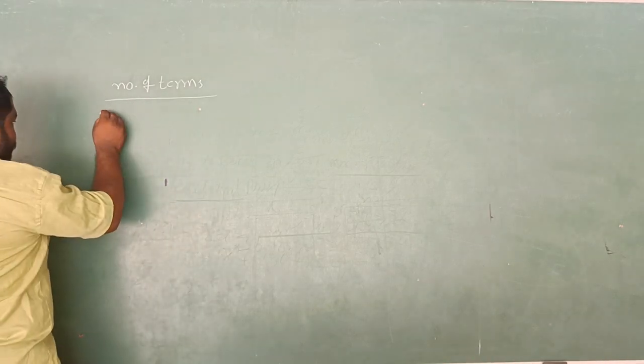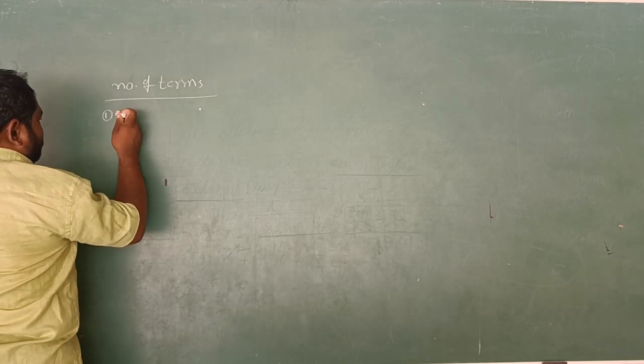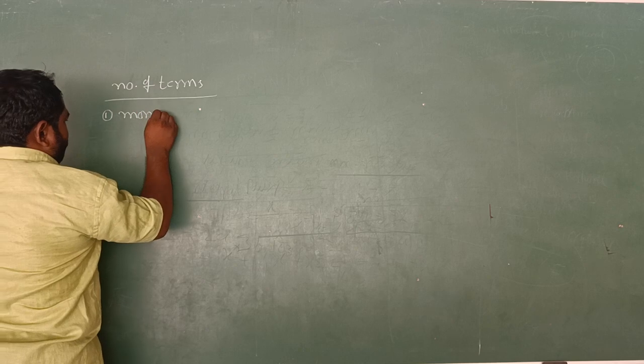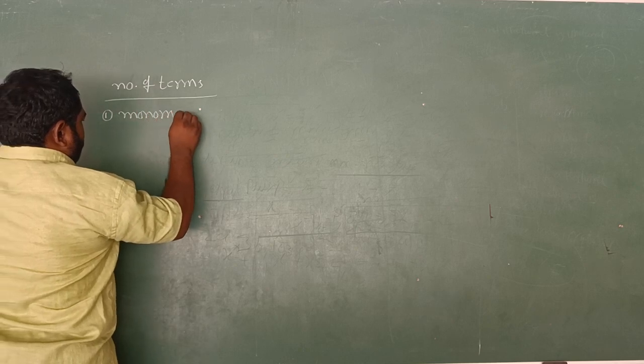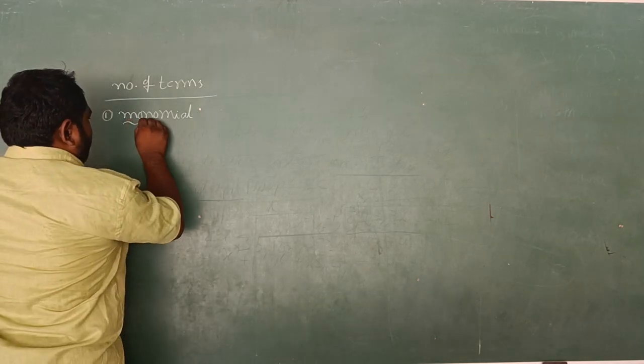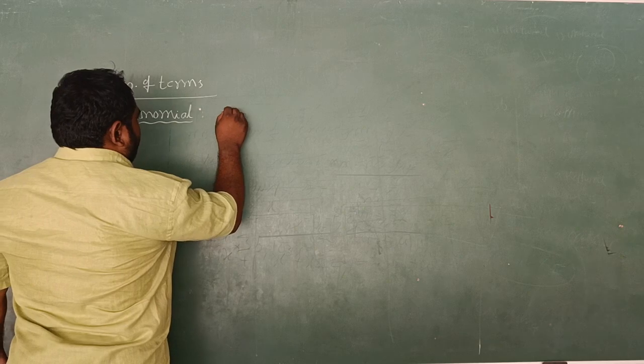Okay, the first one is monomial. Monomial means a polynomial contains only one term.